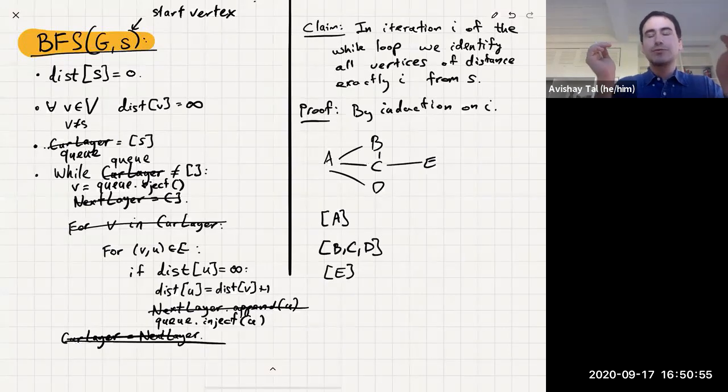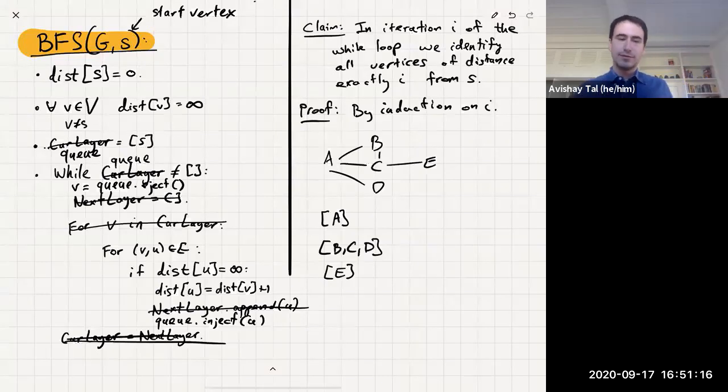But the question is which vertex to pick. In DFS, we're always picking the one that is deepest in our search tree. And in BFS, we're always picking the one that is shallowest in the search tree. This is realized by the difference between a queue and a stack.